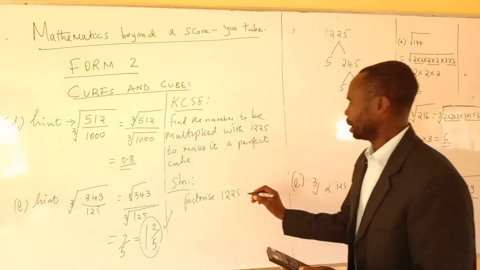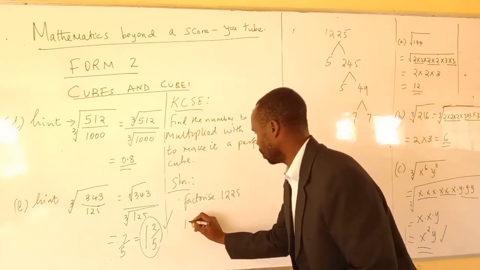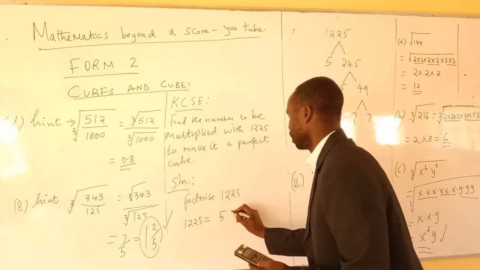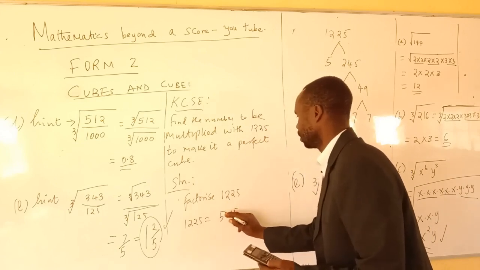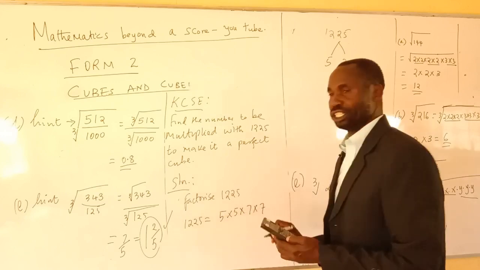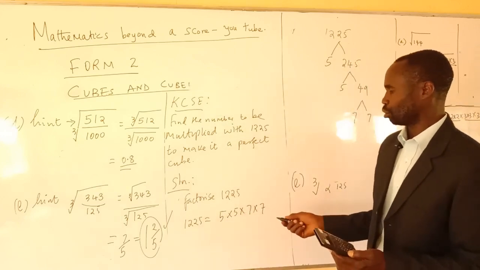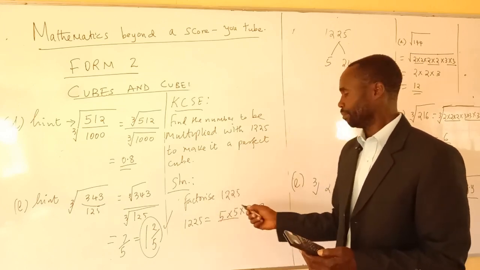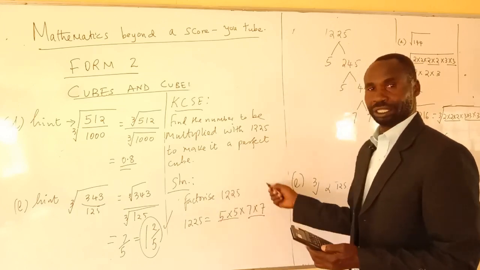So 1225 is the same as 5 multiplied by 5, then multiplied by 7, multiplied by 7. In order for it to be a perfect cube, you are required to make each of these three of them.